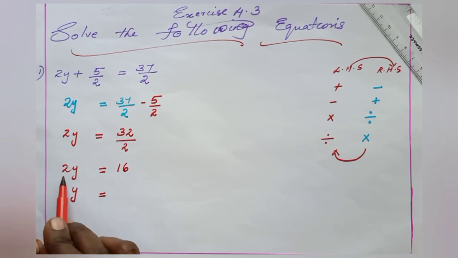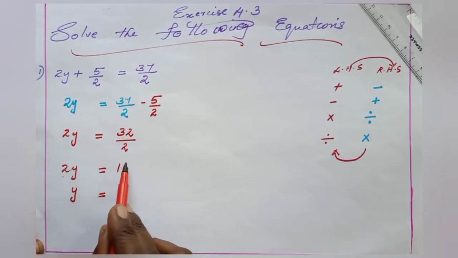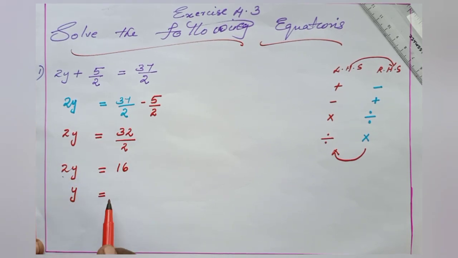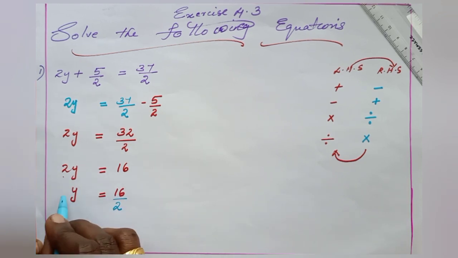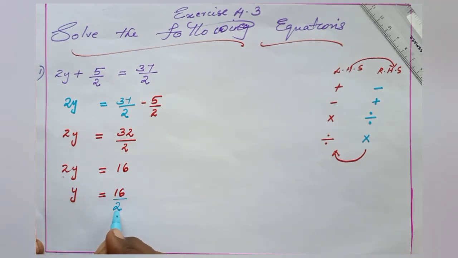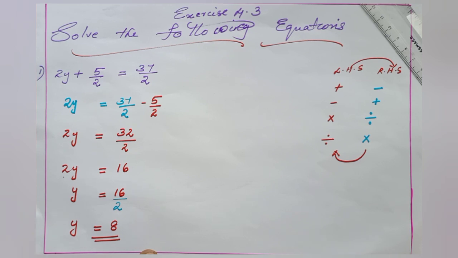Clear, all of you? Multiplication transposed to the right side changes into division. So we get y equal to 16 divided by 2. Yes, 8 twos are 16. y equal to 8. This is the solution of this equation.